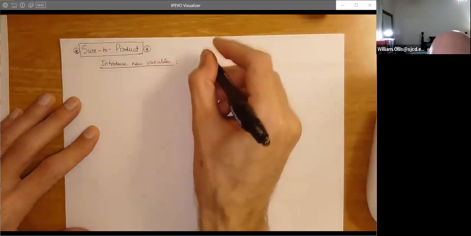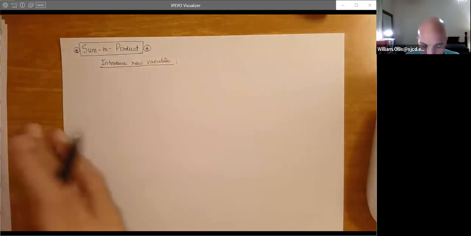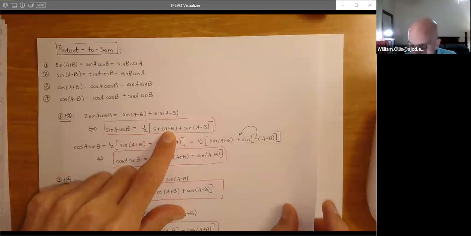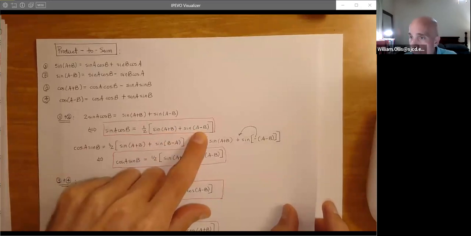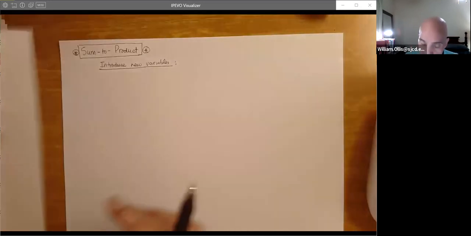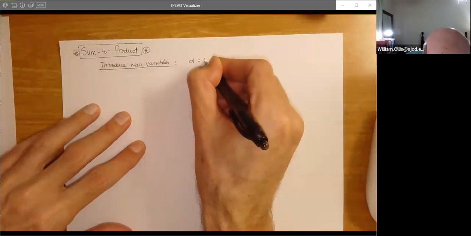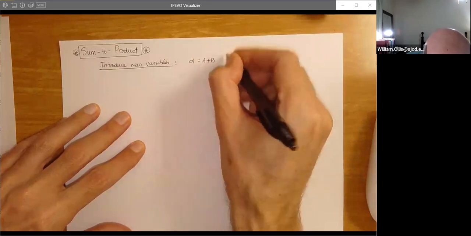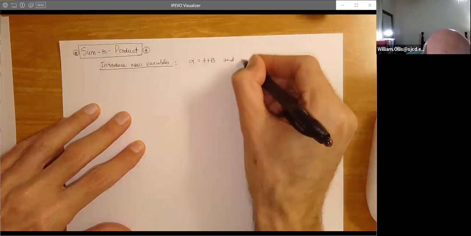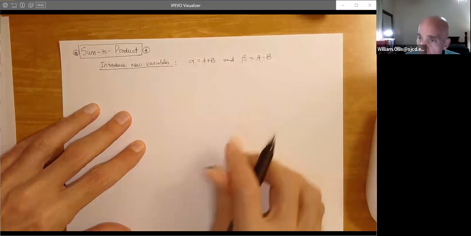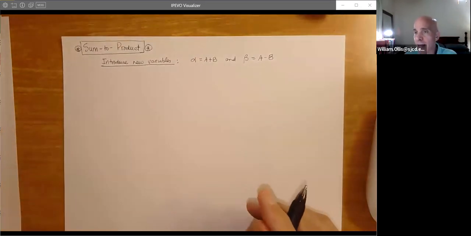If we're going to take these backwards, we want the sum to be represented by one variable, and the difference to be represented by one variable, to make them more user-friendly. So alpha is A plus B, and beta will be A minus B. That's going to clean up one side of the identity.